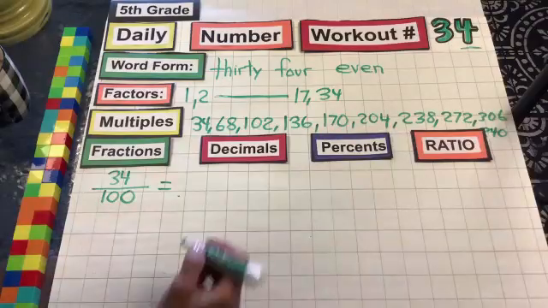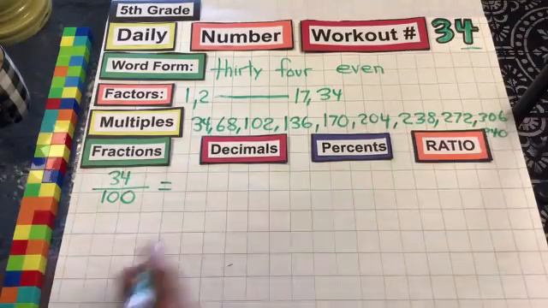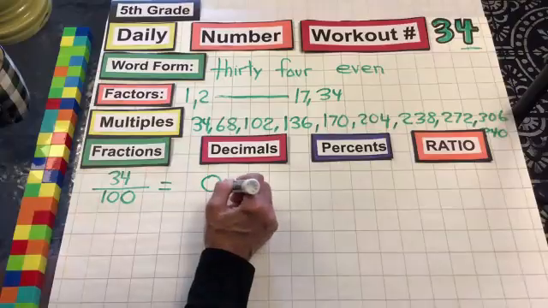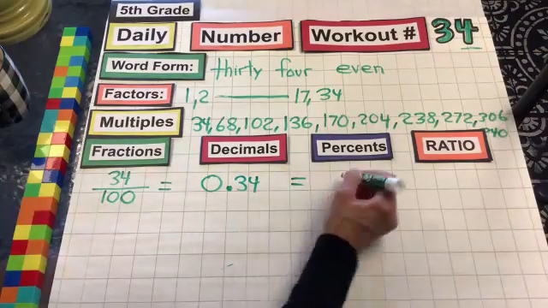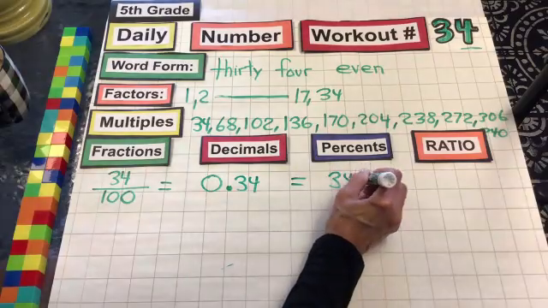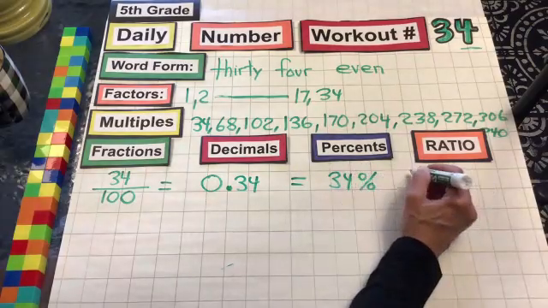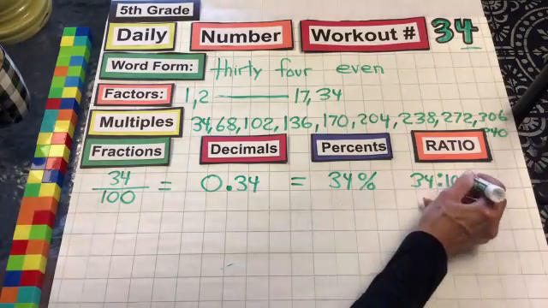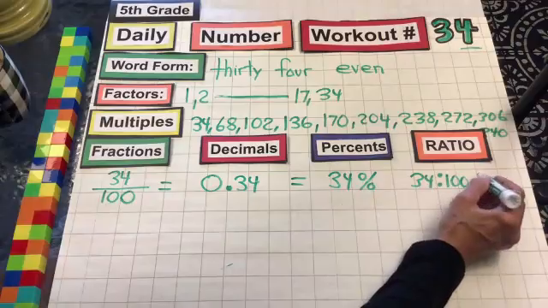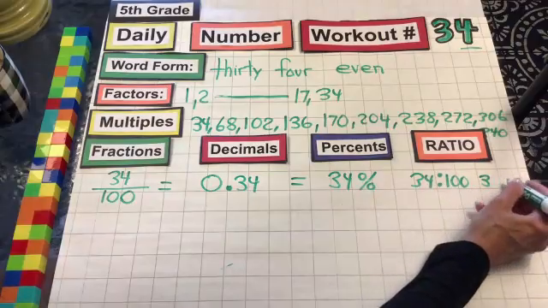So 34 hundredths would be written in decimal form as 0 and 34 hundredths. Percents would be 34%. And ratios would be 34:100. So, you know, ratios are things that we might look at in research.